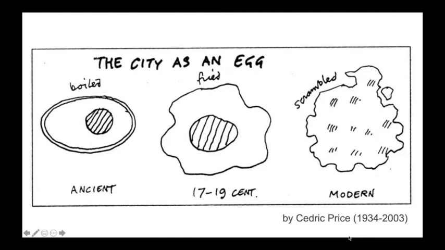So this image that you can see has been around for a while, trying to tell us how cities have evolved through time, from monolithic structures with probably a wall around them, to the sprawl that we have now, where we no longer have a single center that can relate to the whole city.